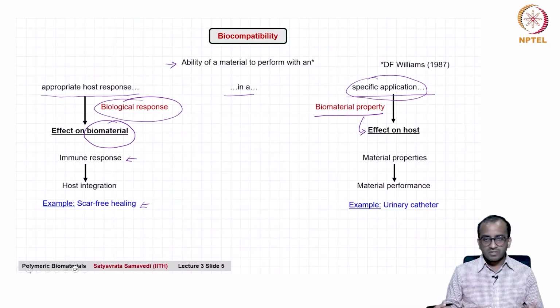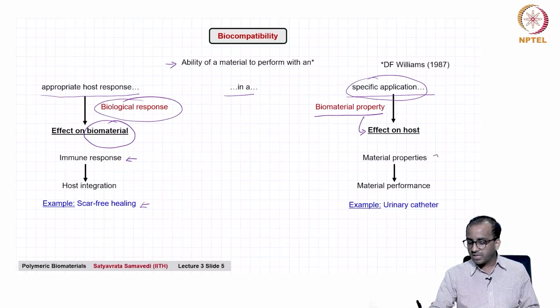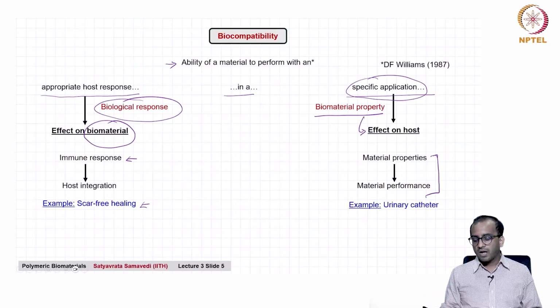On the other side, you have material properties that dictate material performance. For example, in a urinary catheter, you can now think about what kind of properties may be required for a urinary catheter to do its function fully, and by that I mean the properties will dictate how the material performs in that application.